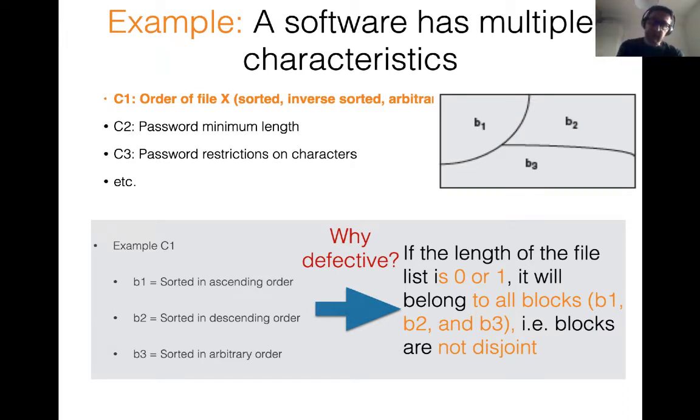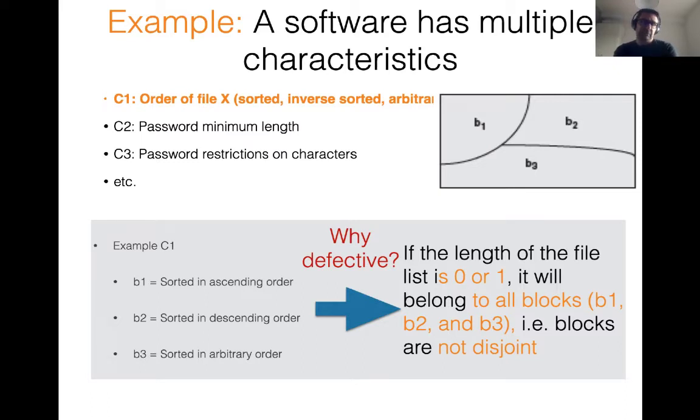Well, if the file length has only a single zero or a single element, then they actually overlap, right? So you see that there are complex interactions in the inputs that can lead to overlapping classes like this.